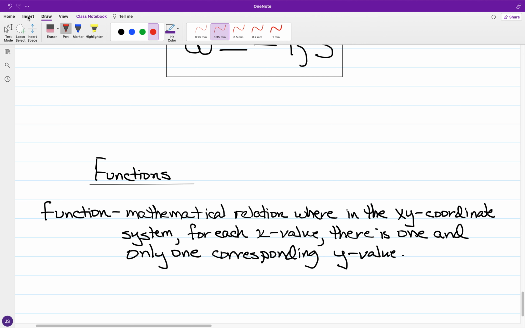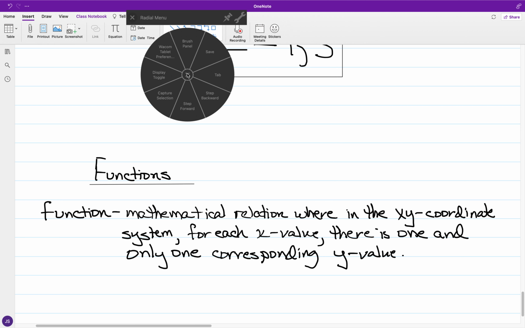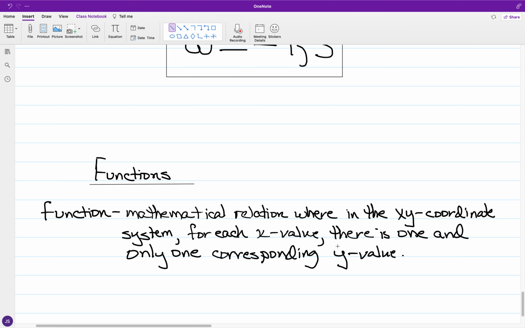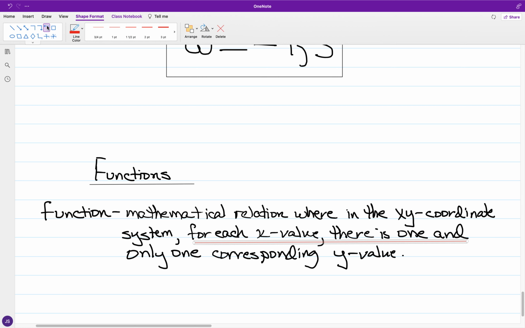And I'll just stress this: for each x value, there is one and only one corresponding y value.